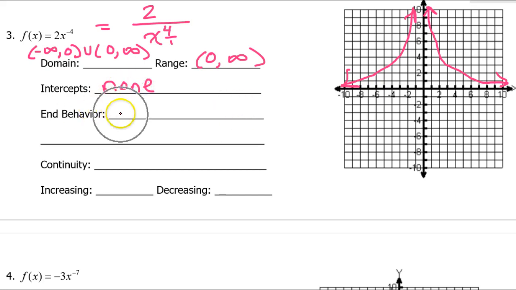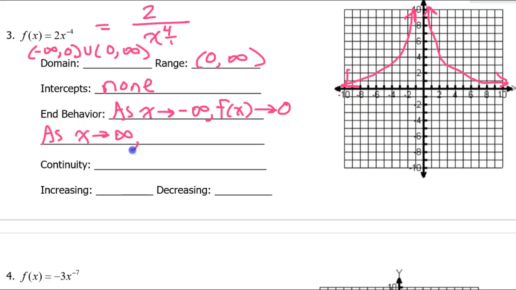End behavior. As x approaches negative infinity, meaning as we go to the left, f of x approaches 0. To the left, the graph is getting closer and closer to 0. And as x approaches positive infinity, meaning as we go to the right, f of x approaches 0. On the right-hand side, it's also approaching this asymptote. It's approaching 0.